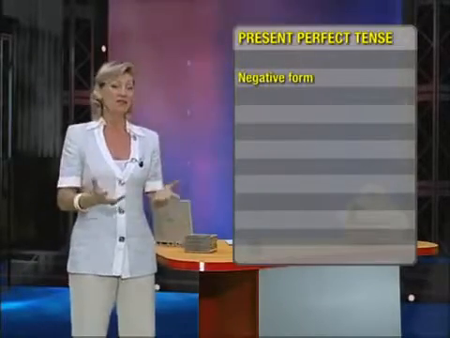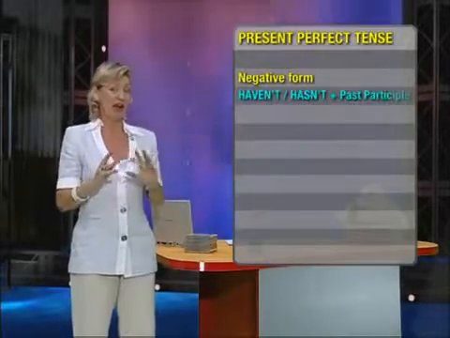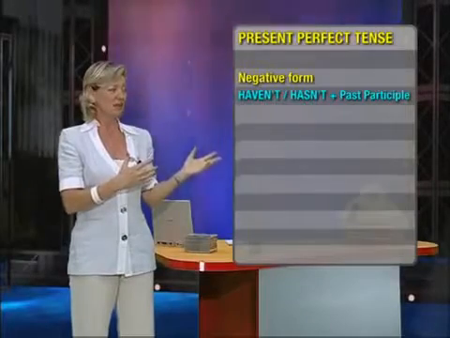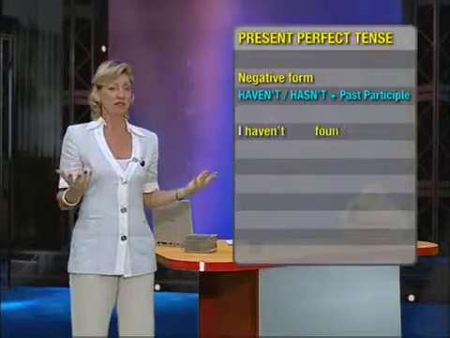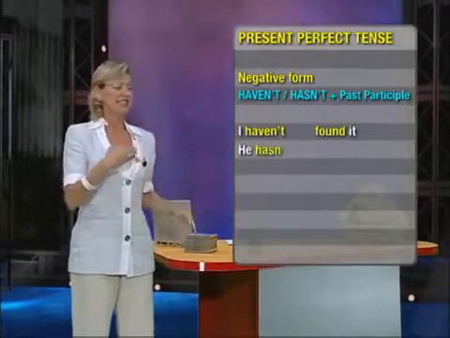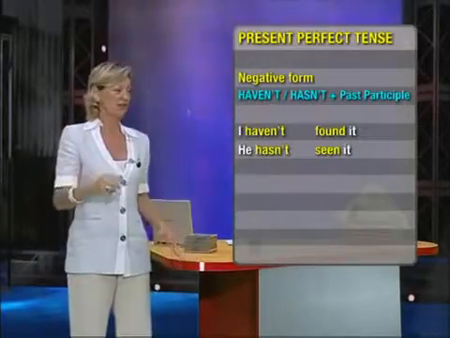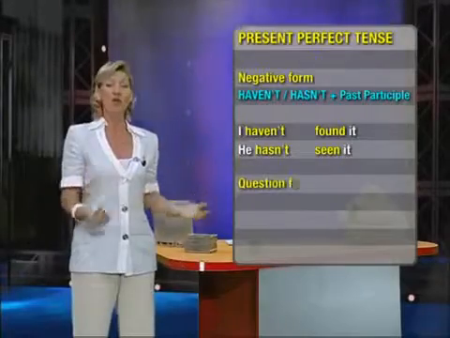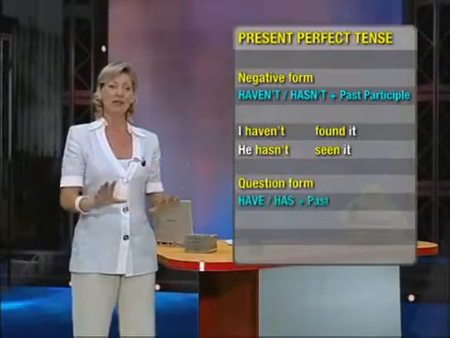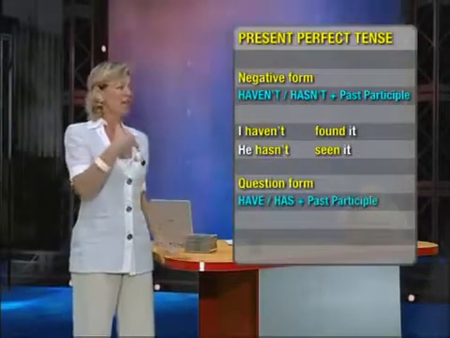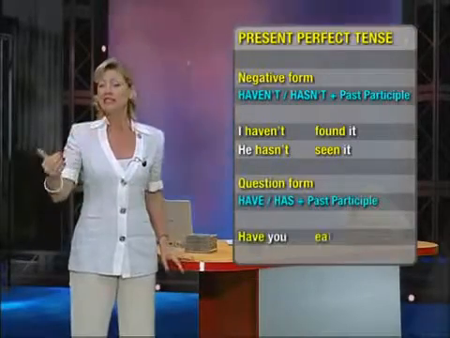Negative form is easy. The auxiliary goes into the negative: haven't or hasn't. Look at the examples. I haven't found it. And he hasn't seen it. See, saw, seen, past participle, okay? Question form: you invert the auxiliary and the subject, as always. So, have you eaten?